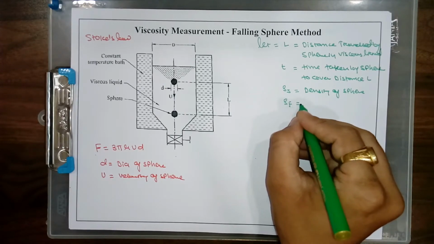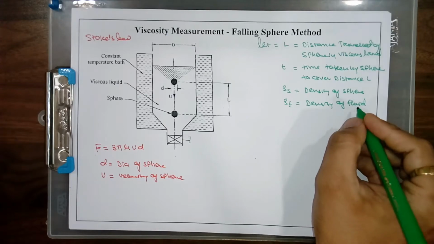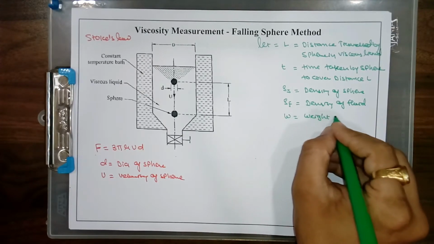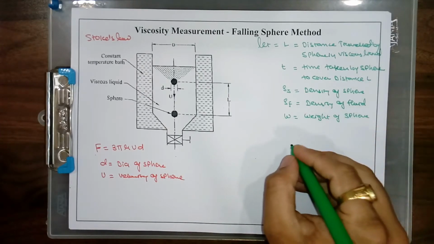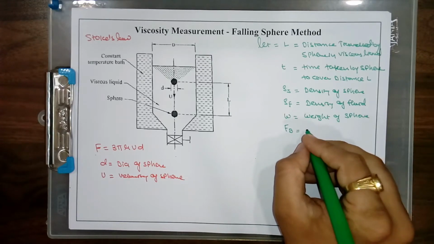Rho F is the density of the fluid. W is the weight of the sphere. Then Fb is the buoyant force acting on the sphere.